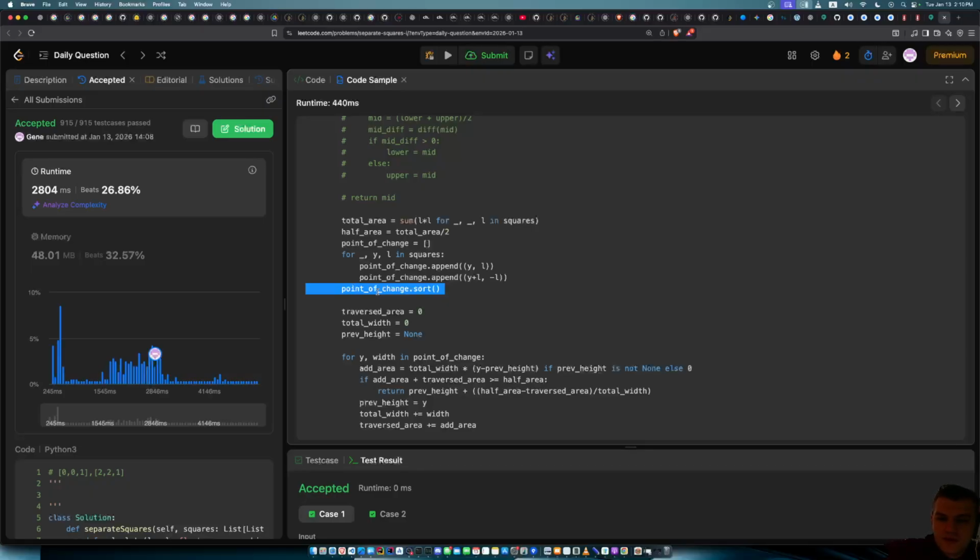And then if they have sorted, I assume they go through this point of change array and check if there is one.